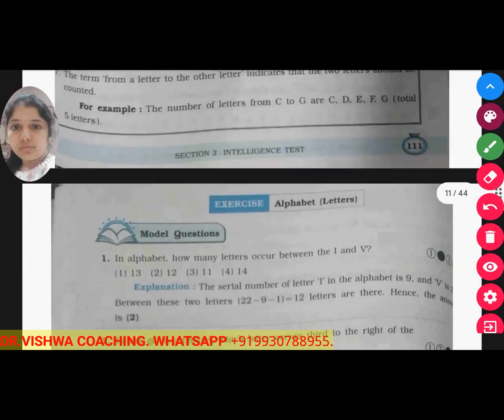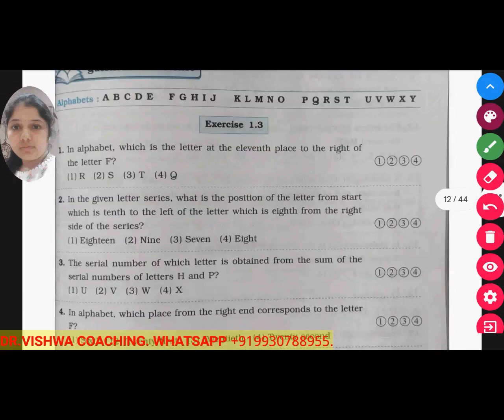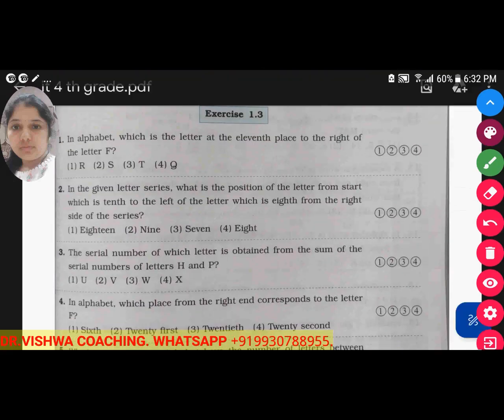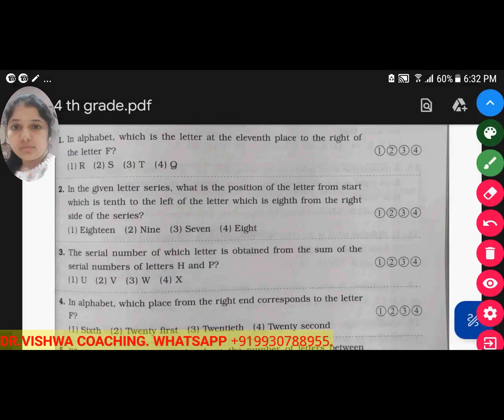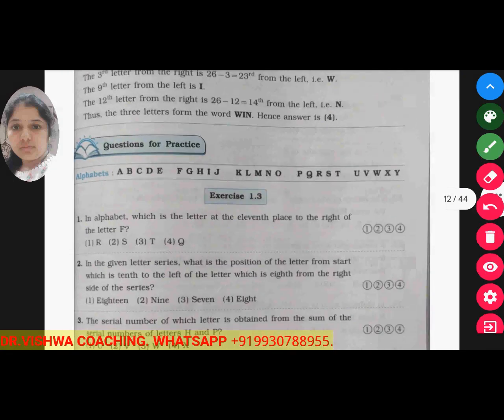Now see, in the practice exercise, the very first question is, in the alphabet series, which is the letter at the 11th place to the right of letter F. Now see, F is the letter at 6th place, and you want the letter which is at 11th place from the right side of letter F. So F's right side is this.